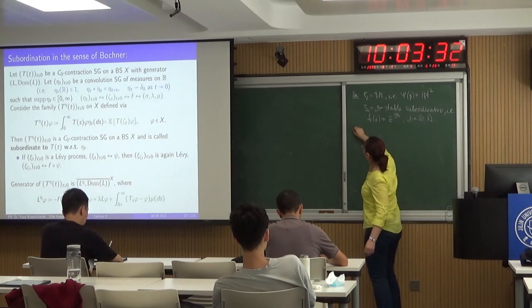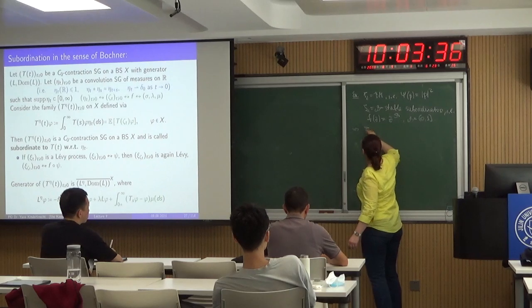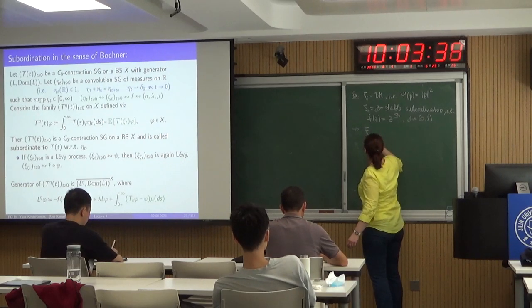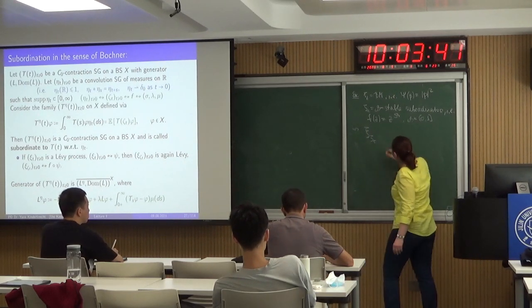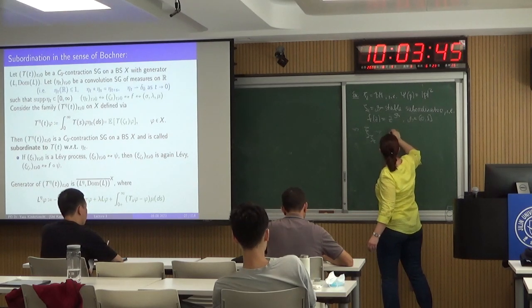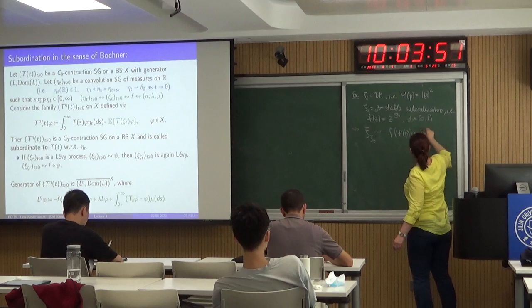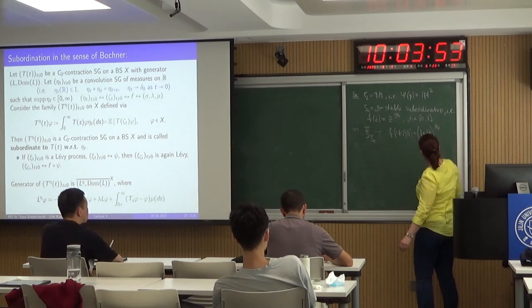Hence, if I consider this time-changed process, B of zeta t, it has the symbol f of psi of p, which is p squared to the power beta.